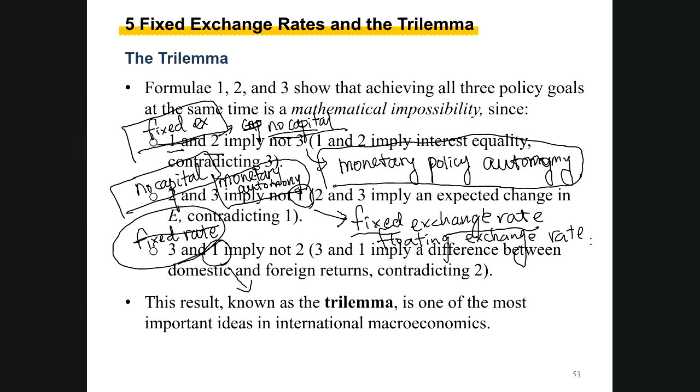If you want to control the interest rate, monetary autonomy, 3 is monetary autonomy and 1 is fixed exchange rate, you have to apply strict capital control.